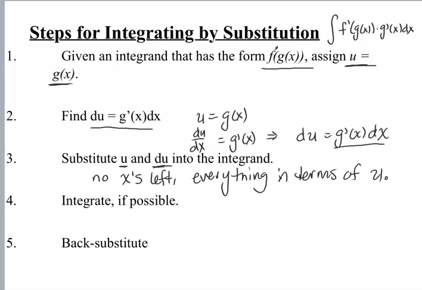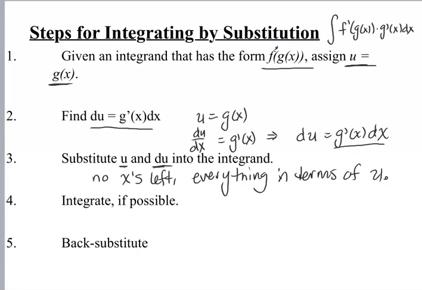At that point, I want to look at my integrand and say, well, do I have a rule that allows me to integrate? If so, then I need to apply that rule. Go ahead and integrate. If not, then I have to rethink. I have to substitute a different way or use a different technique for integration.